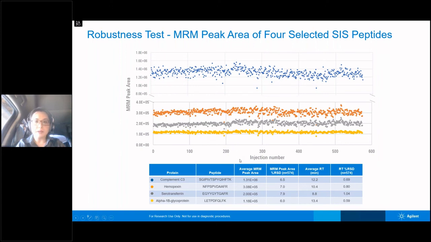The peak area RSD for these 4 peptides ranges from 6% to 7.9%. Their retention time RSD ranges from 0.59% to 1.04%. And for all the targeted peptides, their retention time RSD ranges from 0.5% to 2.8%, and most of the peptides actually have an RSD lower than 2%.